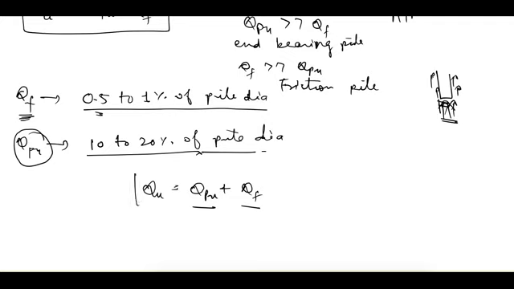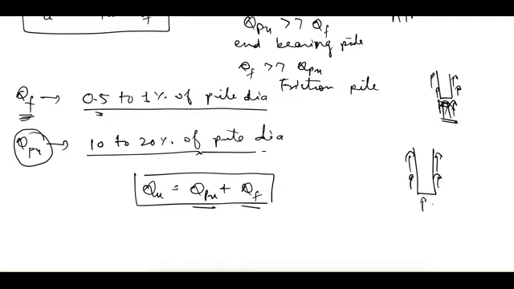So this is the theoretical formula, but practically, what is observed in the field is that after the frictional resistance is maximum, only the end bearing resistance is mobilized.